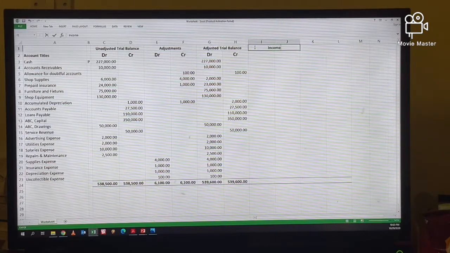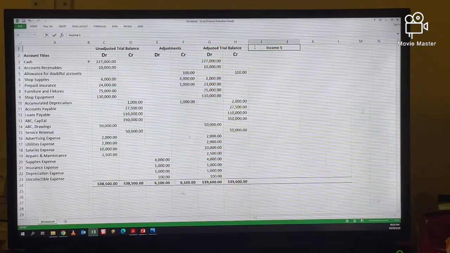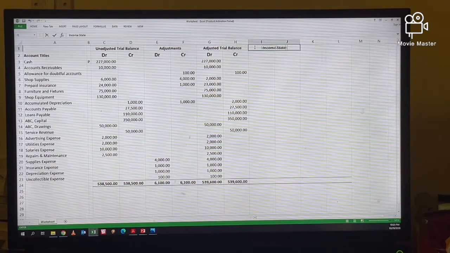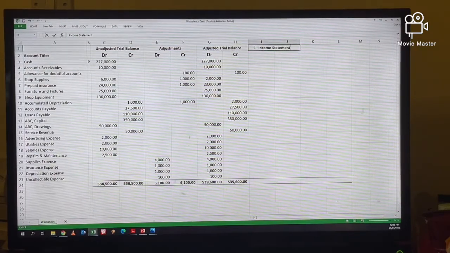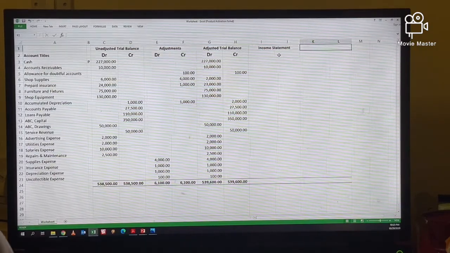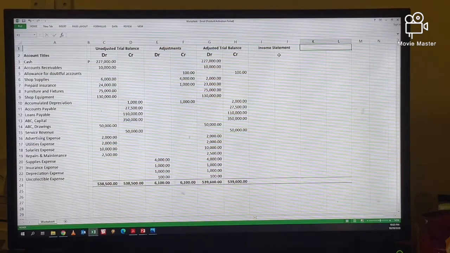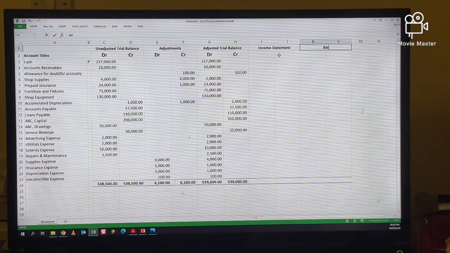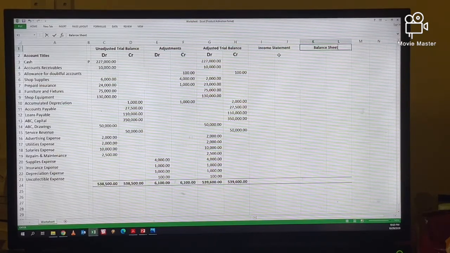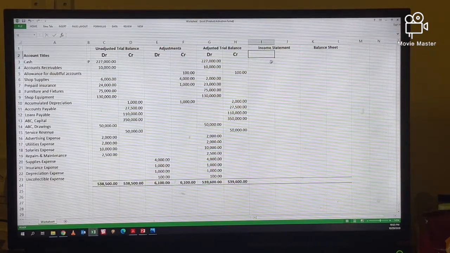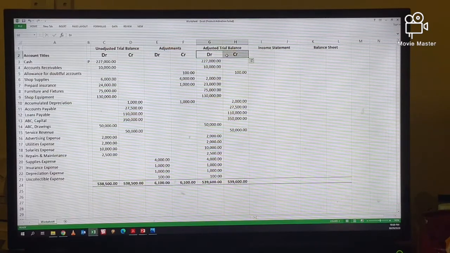So, from your adjusted trial balance. So, itong adjusted trial balance na to, ito na yung post-closing trial balance mo ng October 2020. So, ito preliminary discussion for our next topic.